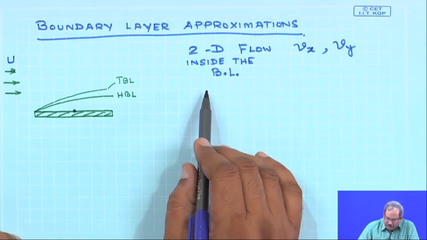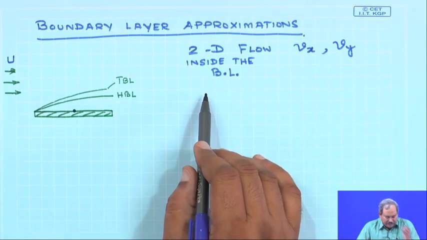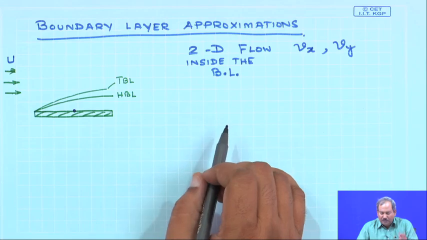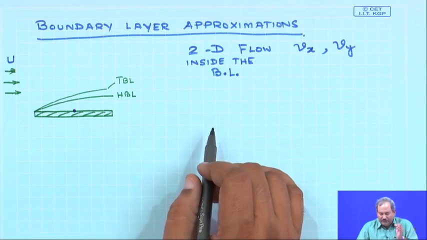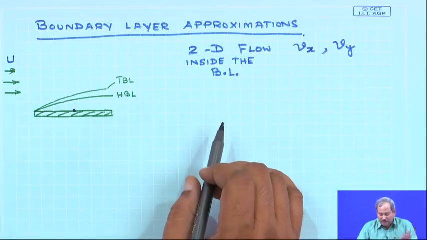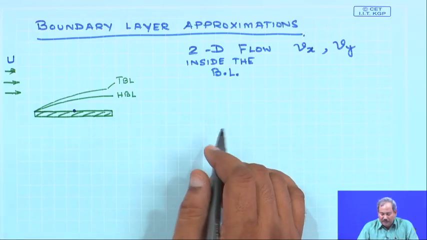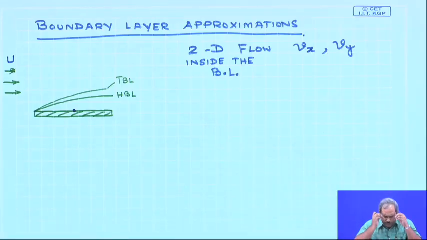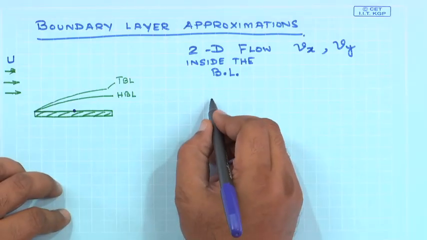Not only that, it is also going to be the first step to obtain the similarity between momentum, heat, and mass transfer processes, which you would read in your subsequent years. So, let us first write what the equations are.